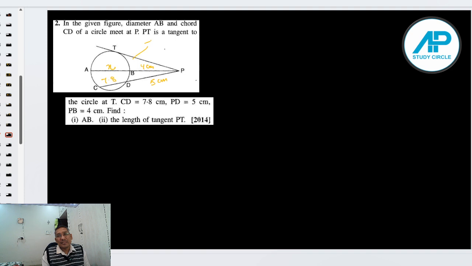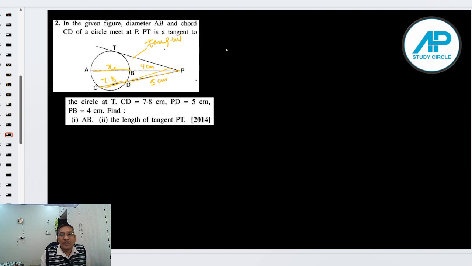PT is the tangent. PDC is basically a chord extended to point P. AB is also a chord extended to point P. They all are chords. I need to combine the properties.